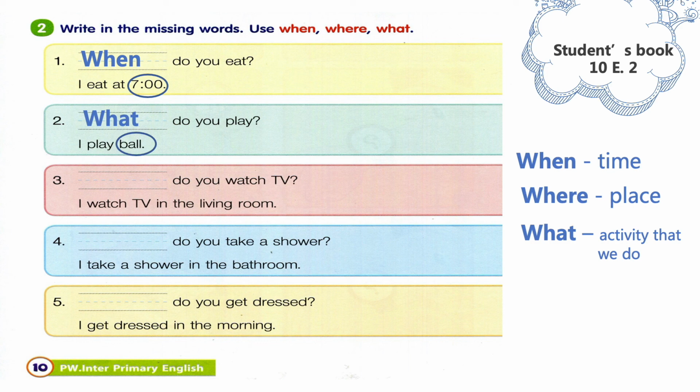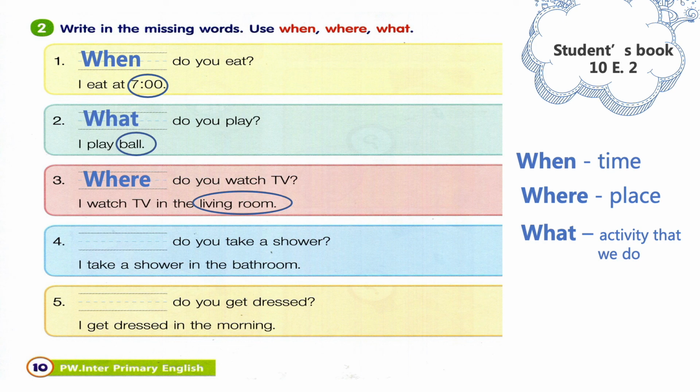Play ball. Next. Blank, do you watch TV? I watch TV in the living room. Students, what's your answer? The answer is where. Why is it that your answer is where? Because of the living room.